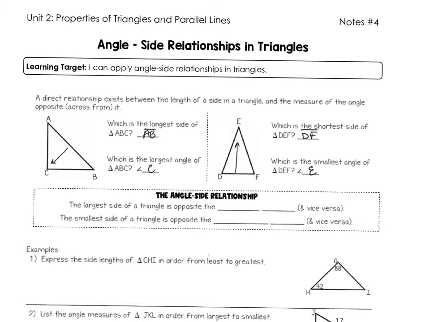The angle across from side DF is angle E. So our angle-side relationship can be summarized: the largest side of a triangle is opposite the largest angle, and vice versa, the largest angle is opposite the largest side. And the smallest side of a triangle is opposite the smallest angle.